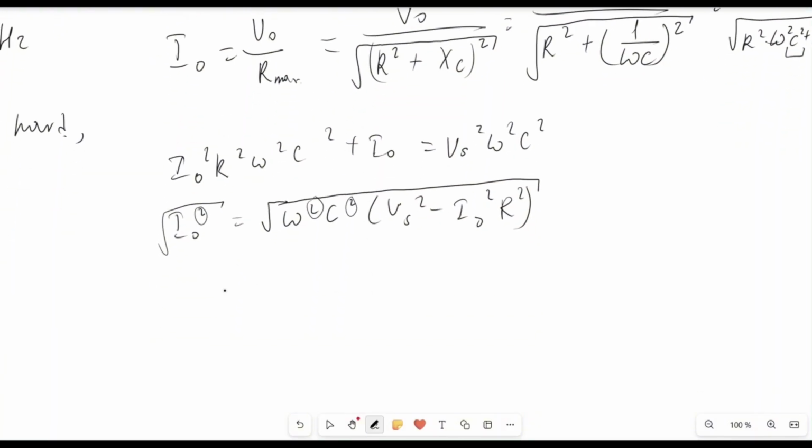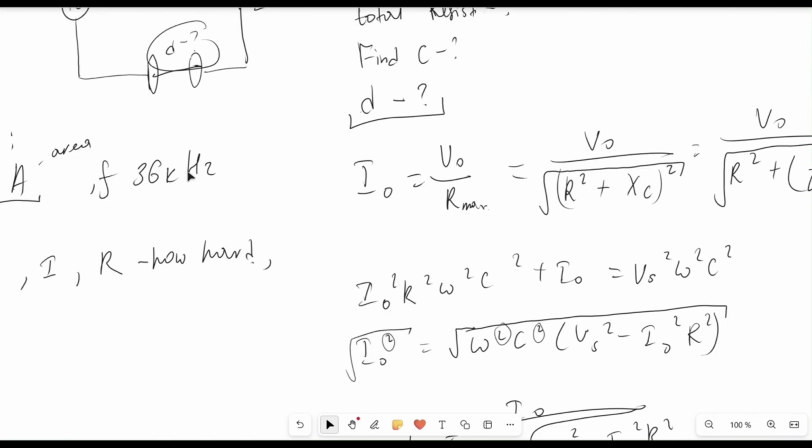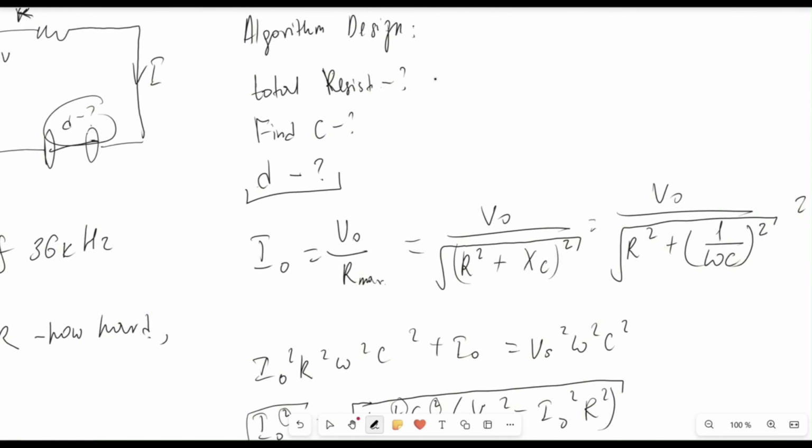So our capacitance will be I0 over omega times the root of Vc squared minus I0 R squared. So yeah, we find the total resistance formulas. We find the formula of capacitance, and we can easily find our distance.